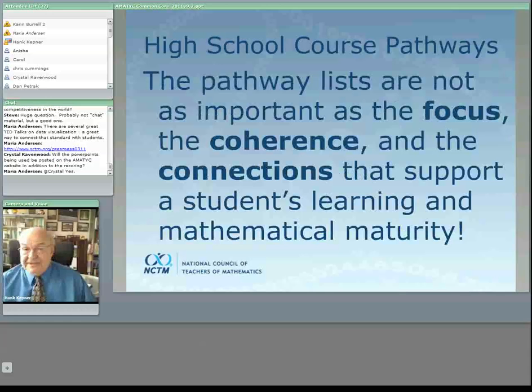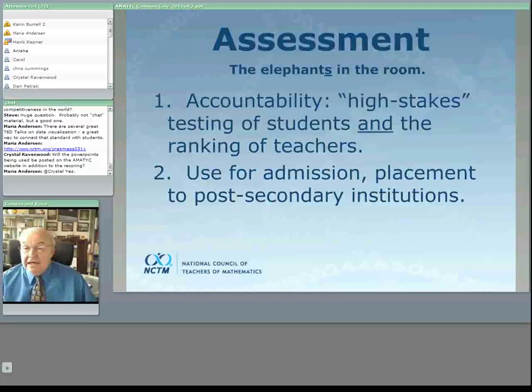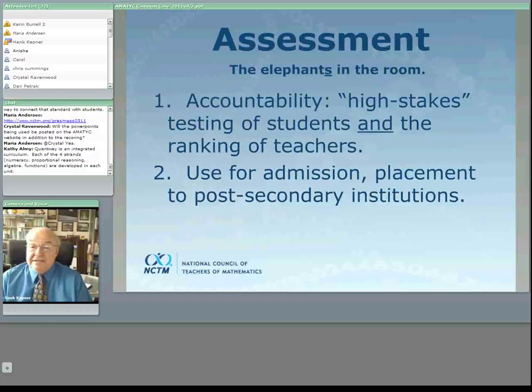So that accountability is really becoming a big issue. And secondly, coming out of the Common Core work, which I'll get to in just a second, the next step is using Common Core assessments for admission and placement to your institution. That's one I want you to be aware of. We'll come right back to that in a second.